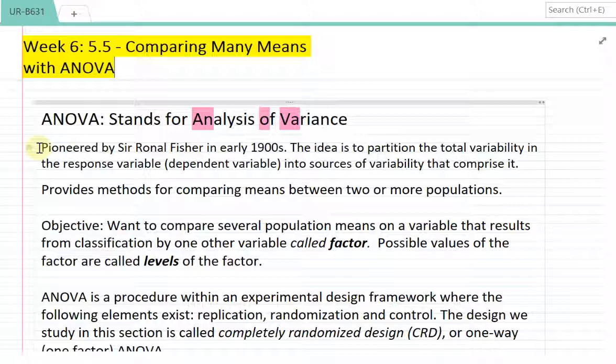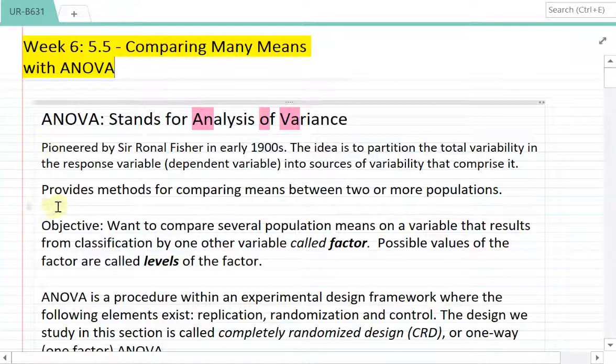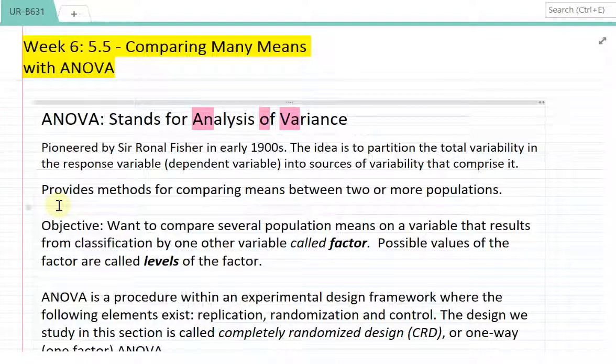So ANOVA is a procedure that provides us with a means of comparing two or more population means, mu's.